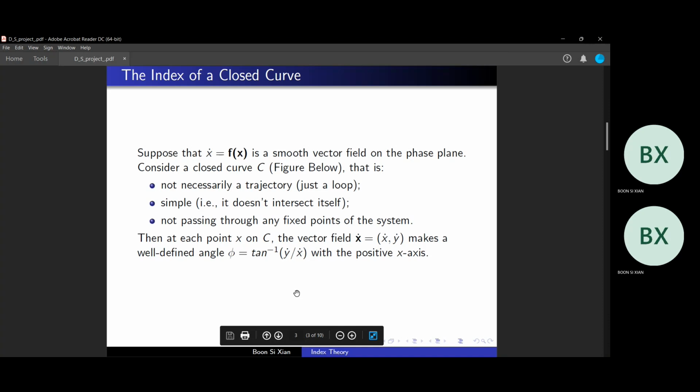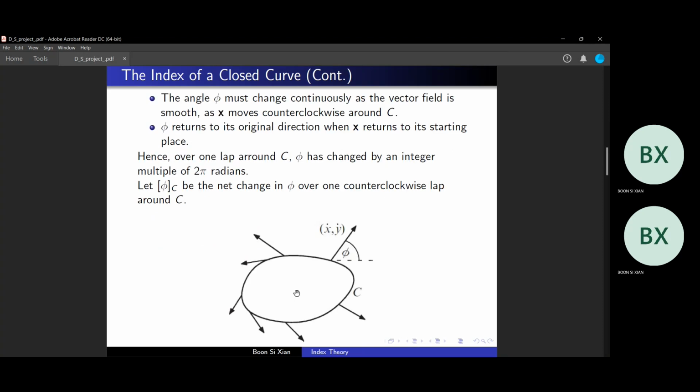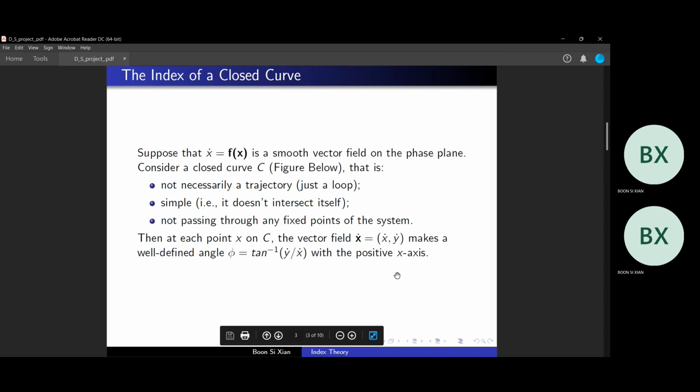So suppose that x dot equals f(x) is a smooth vector field on the phase plane, and consider a closed curve C as below. It is not necessarily a trajectory, is simple, and does not pass through any fixed point of the system. Then at each point x on C, the vector field x dot makes a well-defined angle phi with the positive x-axis.